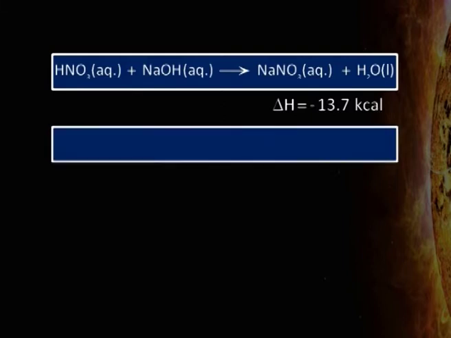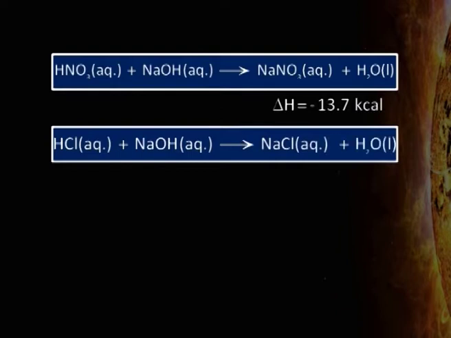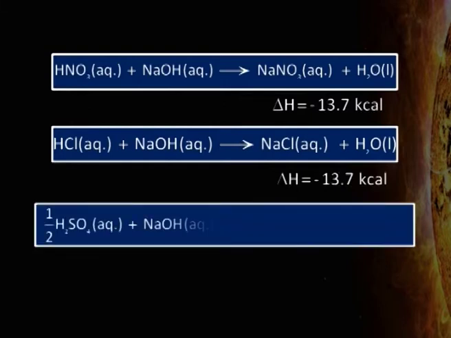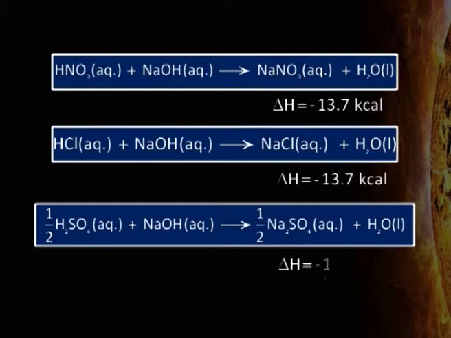If we take another example, that is HCl aqueous plus NaOH aqueous giving you NaCl aqueous plus H2O liquid, delta H for the reaction here also is equal to minus 13.7 kilocalories, or half H2SO4 aqueous plus NaOH aqueous giving you half Na2SO4 aqueous plus H2O liquid, delta H here also is equal to minus 13.7 kilocalories.